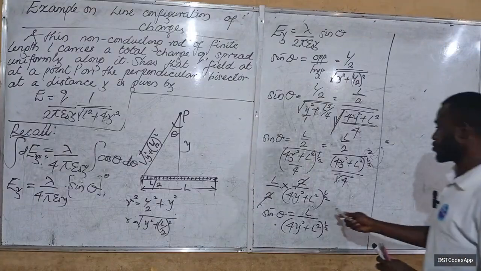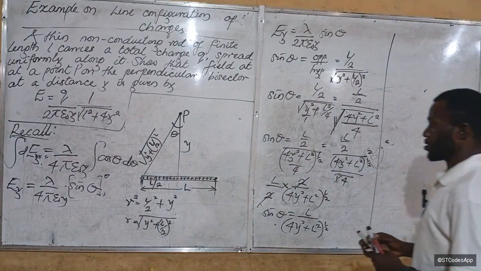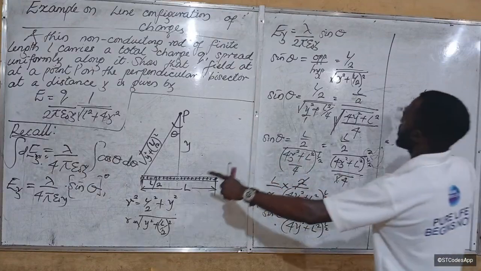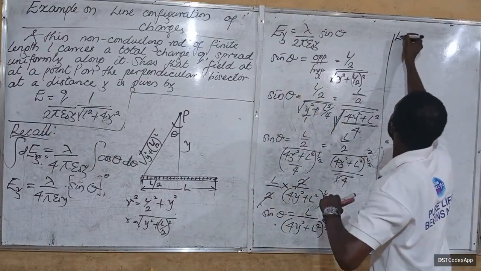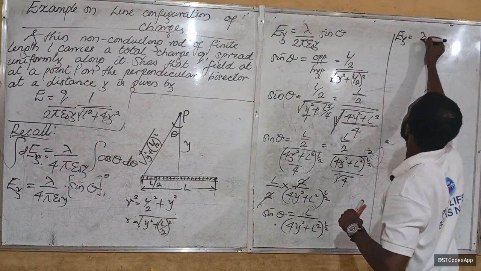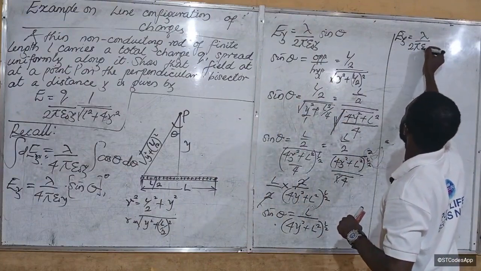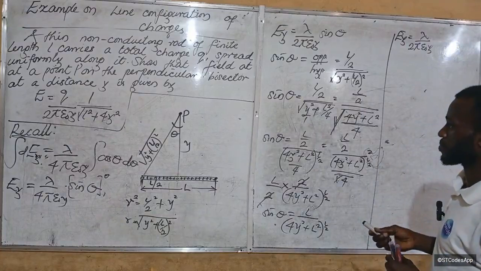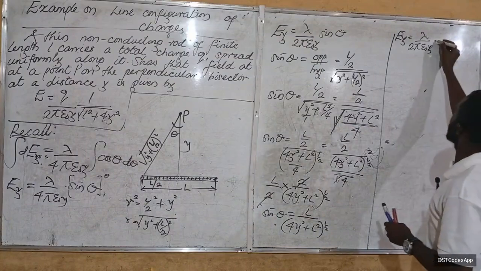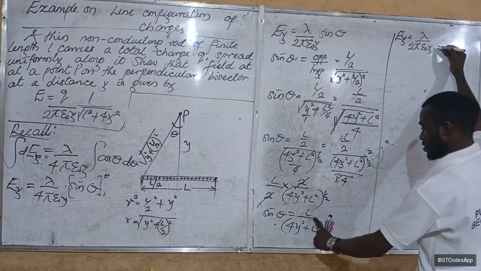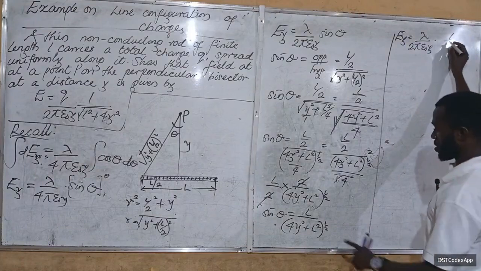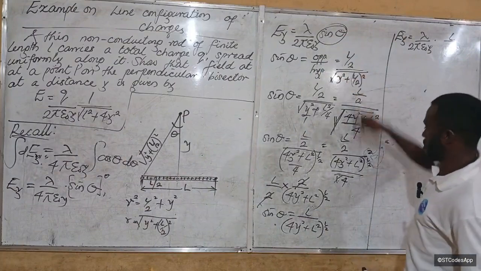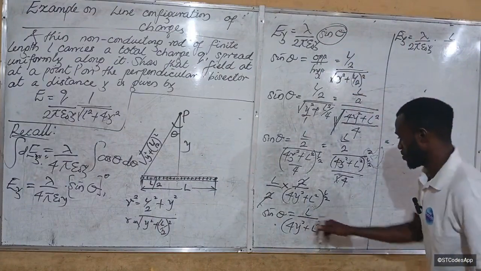So by the time we introduce this into our equation, we're going to have this. Recall that E sub y is equal to lambda over 2 pi epsilon naught y, dot this, dot L over, which is sine theta now. We substitute this guy for sine theta.